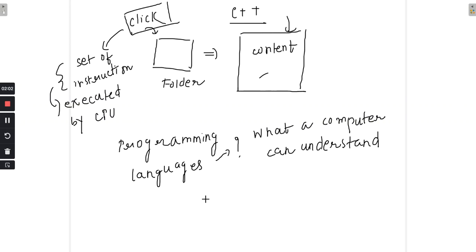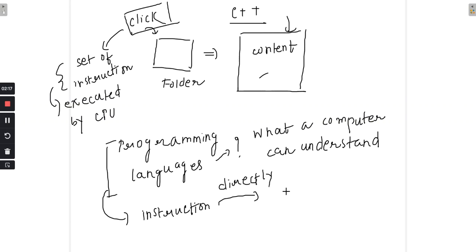Now, if I say that using these languages I write some instruction, can a computer directly understand that? The answer is no, right? Why is it so? Because what languages do we know? English, Hindi, and some other languages as well, right?